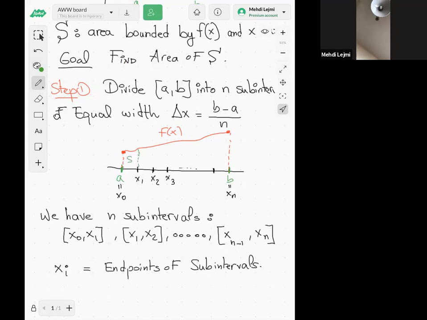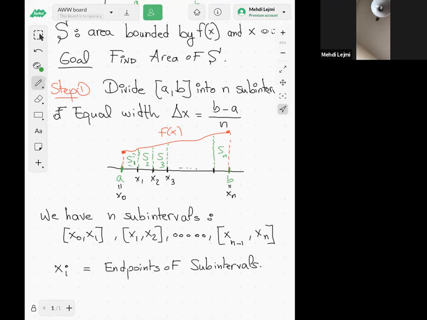Now the subregion corresponding to the subinterval x1, x2 would be S2. This is here S3. And the last subregion would be Sn. This one here, Sn. So what we did here, guys, is we divided our area S into n subregions, S1, S2, S3, etc.